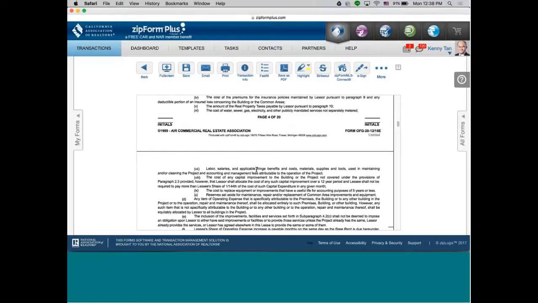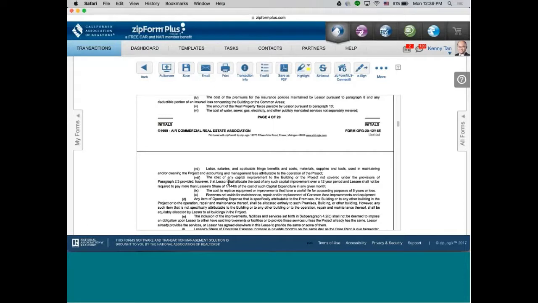The last item, the cost of any capital improvement to the building or the project not covered under the provisions of paragraph 2.3, provided, however, that lessor shall allocate the cost of any such capital improvement over a 12-year period, and lessee shall not be required to pay more than lessee's share of 1/144th of the cost of such capital expenditure in any given month, the same as in the net lease.